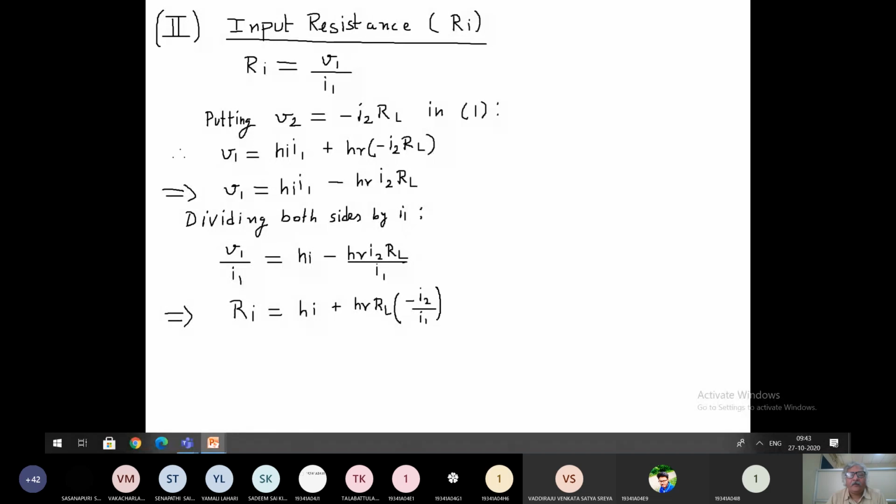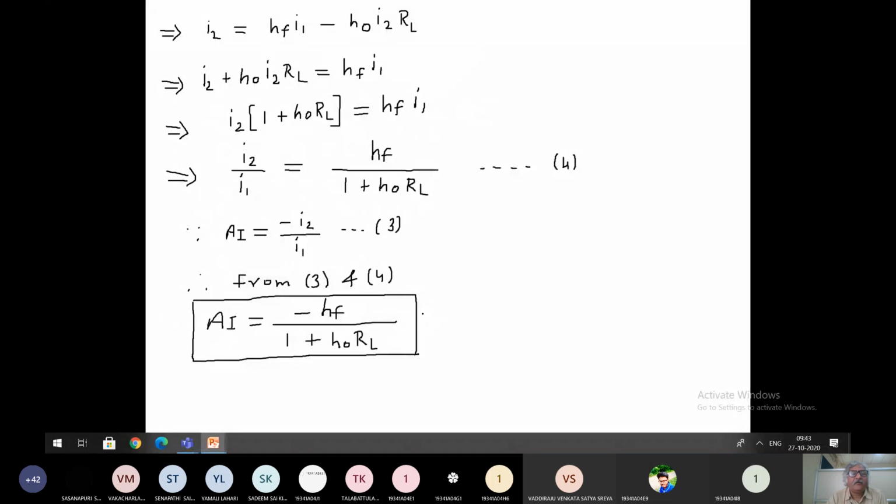Okay. So this minus I2 by I1 is here, equation 3, right? It is AI.